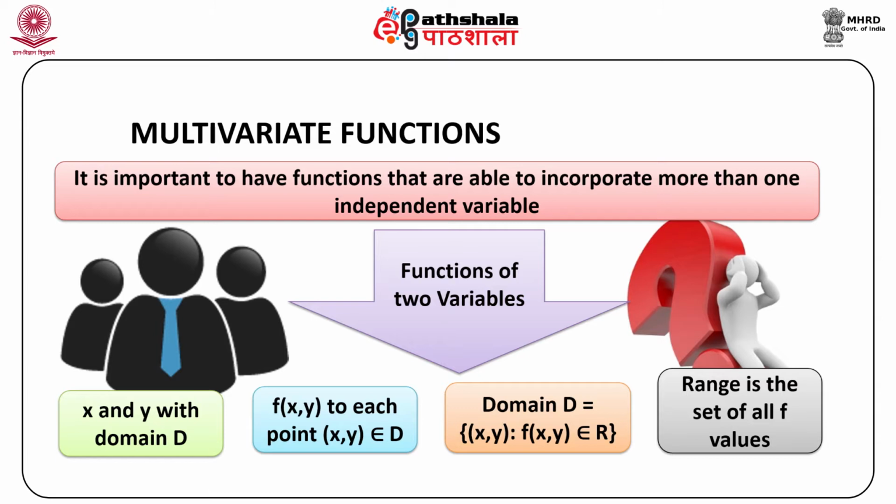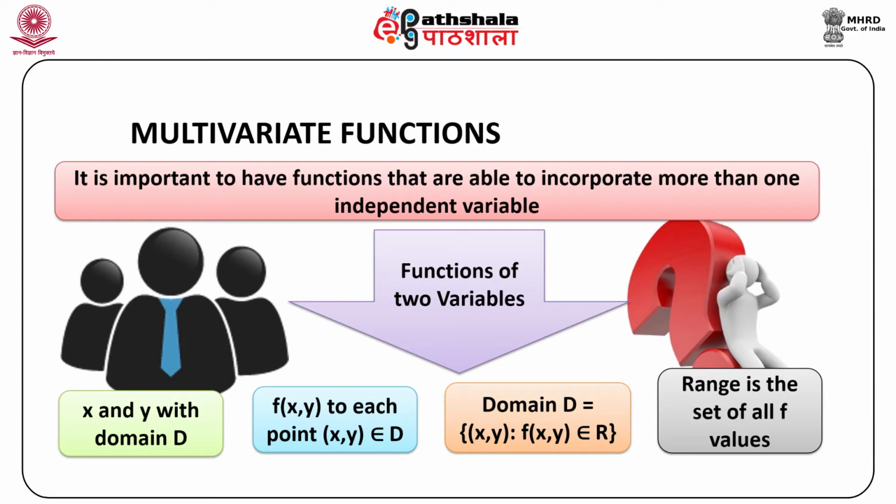Functions of two variables. A function f of two variables, say x and y, with domain D, is a rule that assigns a unique real number f(x, y) to each point (x, y) belonging to D. Domain D is equal to {(x, y) such that f(x, y) belongs to R}, and range is the set of all f values.